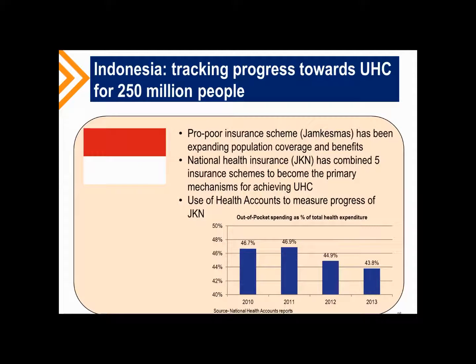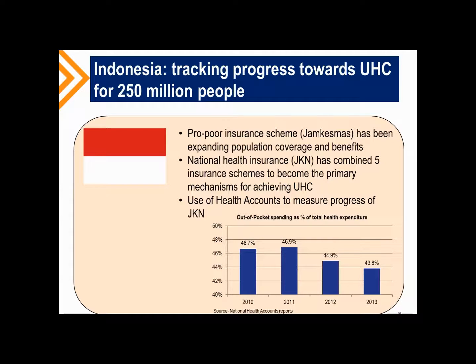So let's move to a country example, which is Indonesia. Since 2011, Indonesia has been expanding the population coverage and the benefits of its pro-poor insurance scheme called Jamkesmas. Health accounts have shown that during the same period, out-of-pocket spending has been falling.